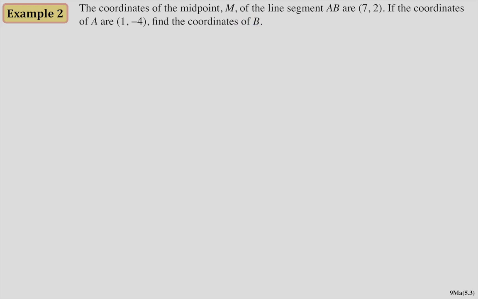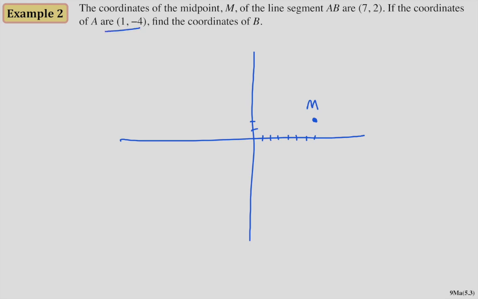So if I drew a graph, and you don't have to do this, but if I drew a graph, (7, 2): out 7, 1, 2, 3, 4, 5, 6, 7, up 2. There's the midpoint. This point, (1, -4), 1, 2, 3, 4 is there.